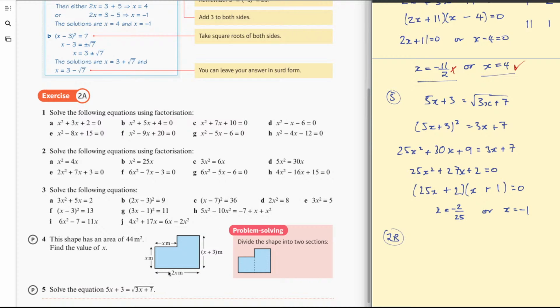Oh, I see what you were saying. Yes, the domain. Sorry, apologies for that. You were just saying that 3x plus 7 must be greater than 0. Oh, yeah. So that's an important note, because if we substitute this one in, it would still be positive.